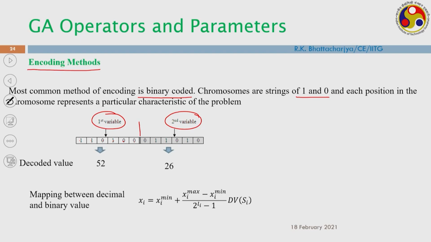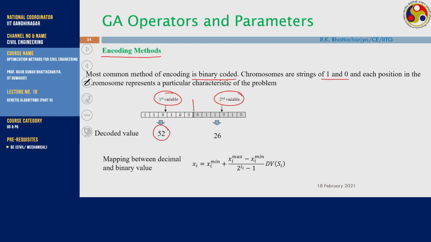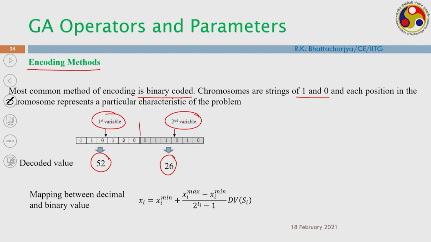Here the second variable is 1 1 0 1 0 0. If we decode that one, what am I getting? I am getting 52, I think you know how to decode this, and for the second one I am getting 26. Now, what I can do is the mapping, as per my requirement and my precision.